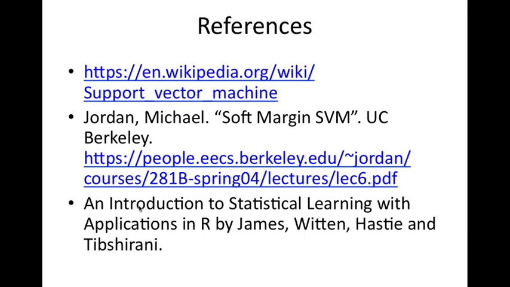Then I also looked at the chapter on support vector machines from this textbook that we've been using in class, Introduction to Statistical Learning with Applications in R. They actually solved this problem in a very different way. They set up the constraints in a completely different way.